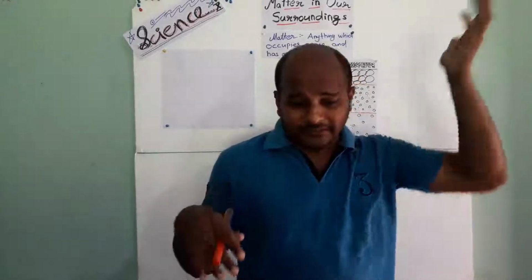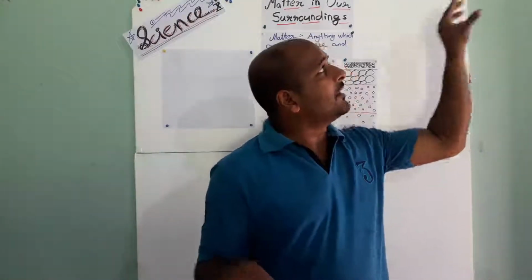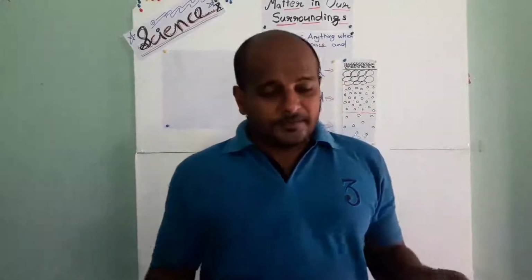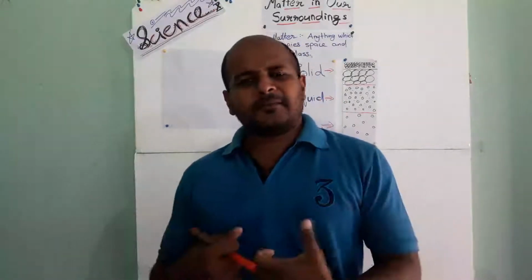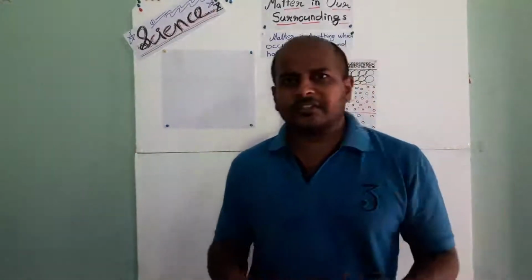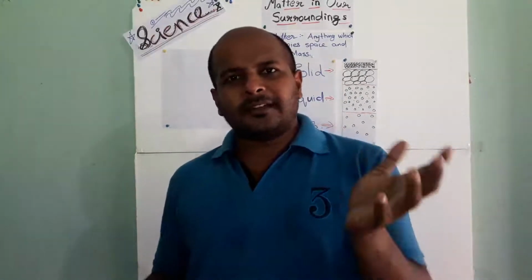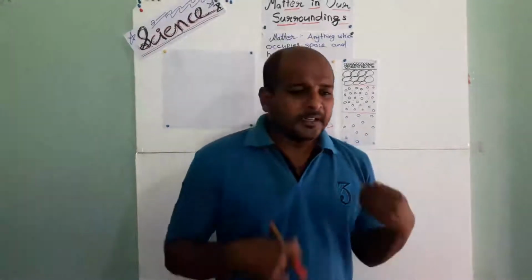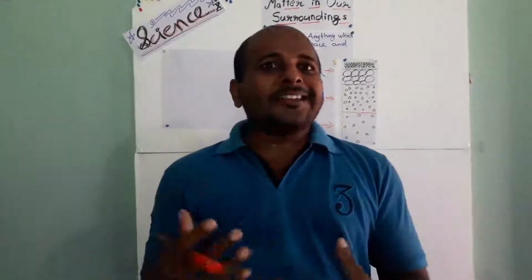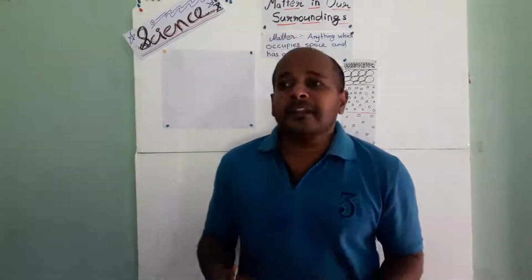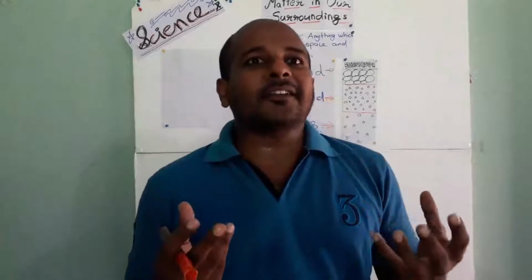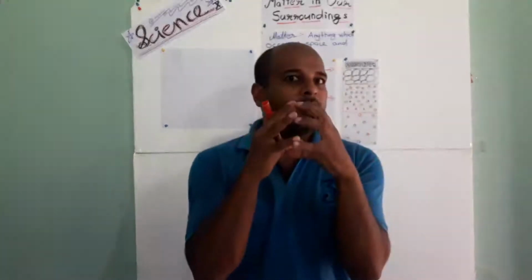Here also I have one, but I cannot take it because it is already plunged into the wall. The next one, a rubber band. What is the difference between all these things? Anyway, all three are solids, but their properties are different. So particles of matter attract each other. If the particles did not attract each other, would it become a solid mass?